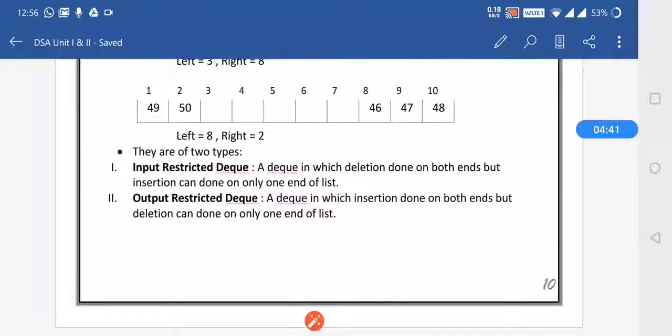But in output restricted DQ, insertion can be done on both the ends, but deletion can be done on only one end of the list. Its name implies that. Output restricted is for restricting the deletion, and input restricted is restricting at the time of insertion. That is nothing but double-ended queue.